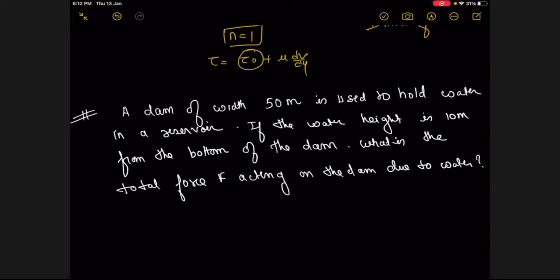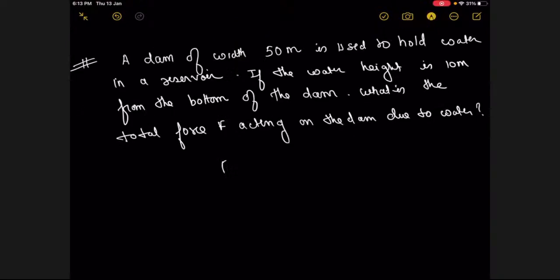As the water is not moving, it means the fluid is in static mode. So how will we solve? Force is mass into acceleration, but here in terms of height, so we will write h rho g.